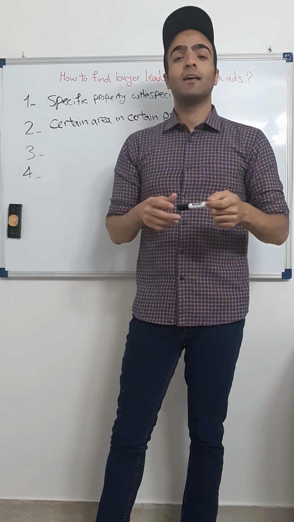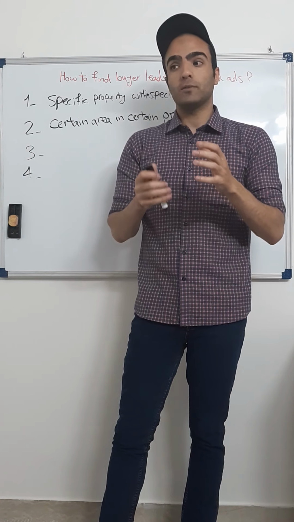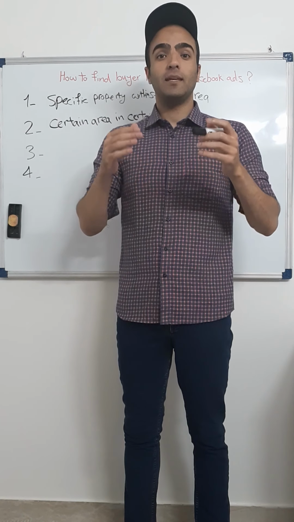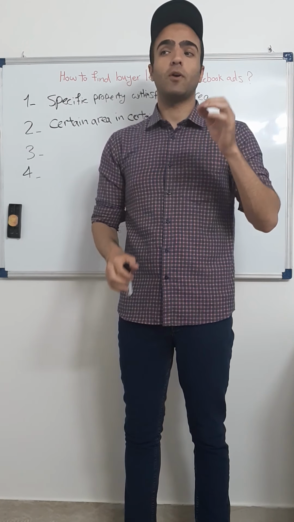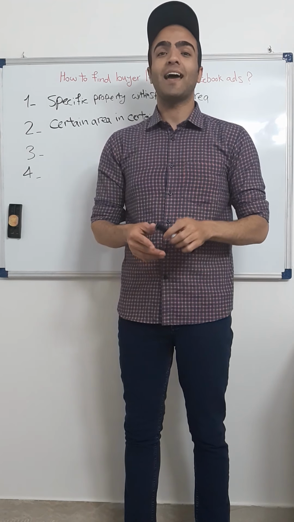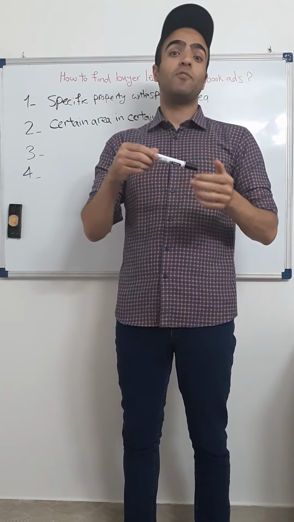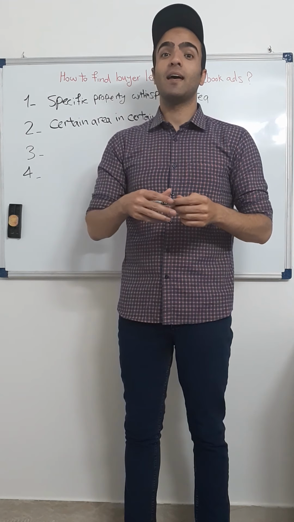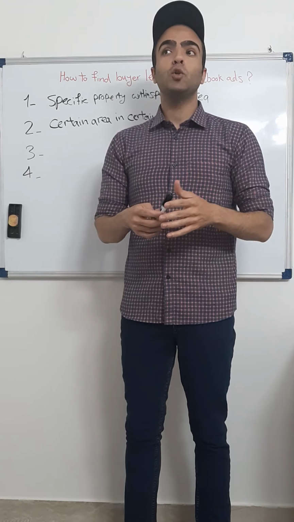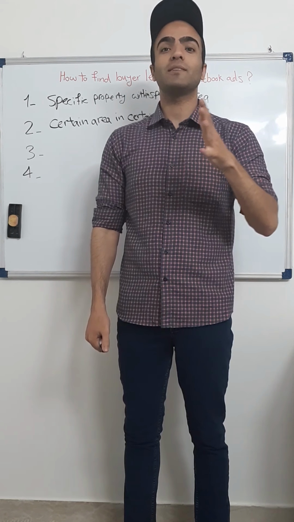But if you have a property that is in a lower price, for example from $200,000 to $500,000, you can target the people who are first-time buyers, in areas that are not pretty rich, but you can find them. You can find, for example, real estate investors.